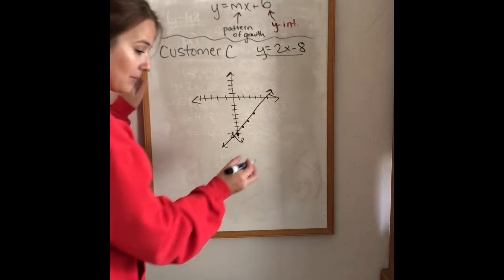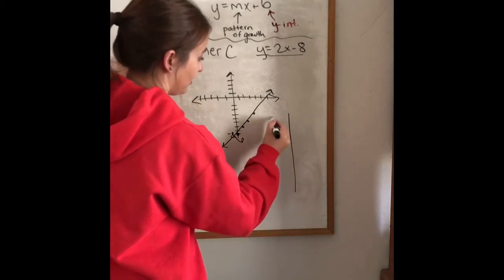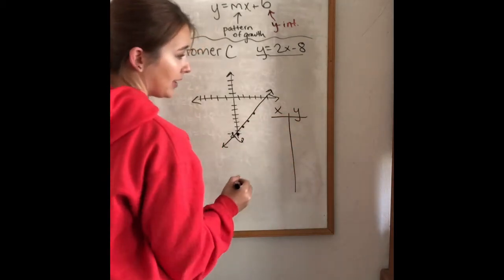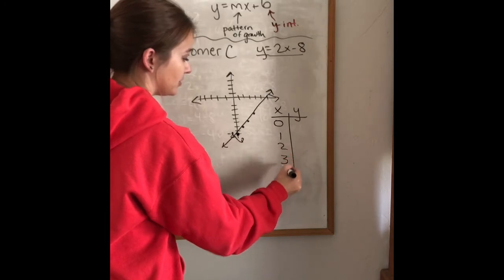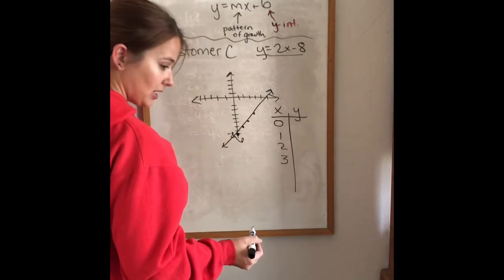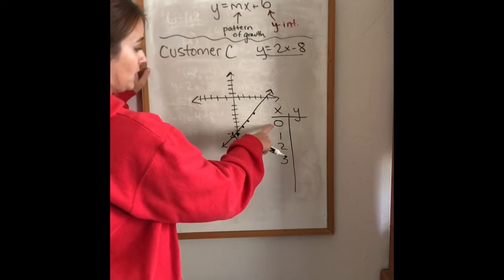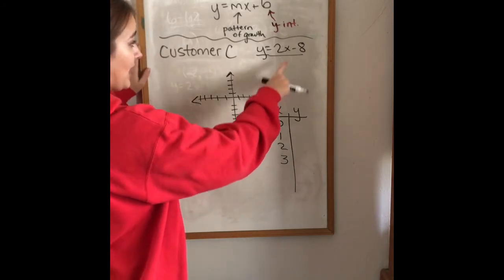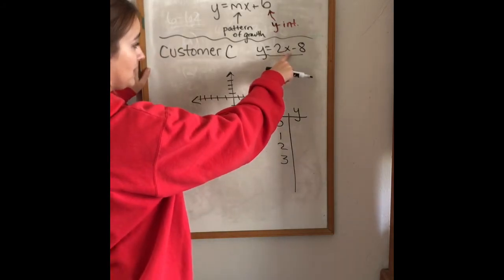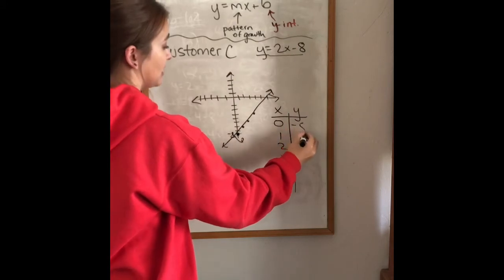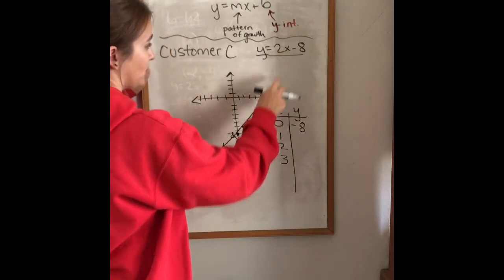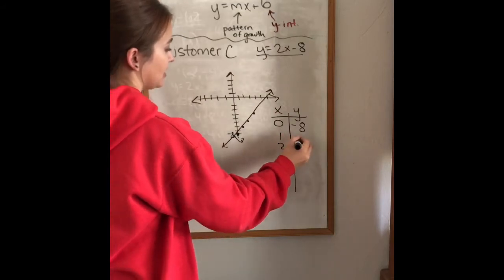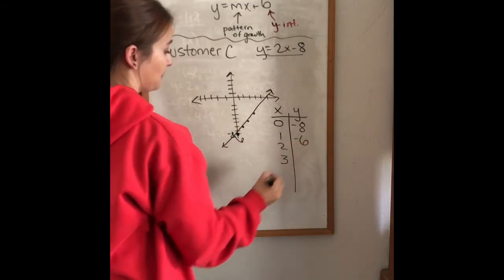And then the table, I'm going to kind of squeeze it in right here. I'm going to do the following points just for sake of ease. So if we plugged in 0 for x, 2 times 0 is 0, minus 8 is -8. Plug in the 1 for x, 2 times 1 is 2, 2 minus 8 is -6.